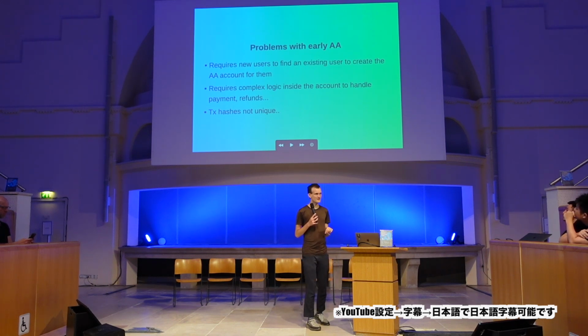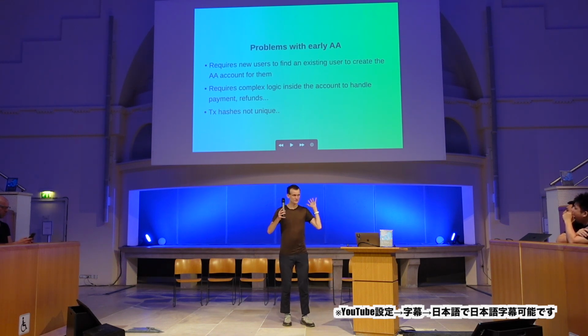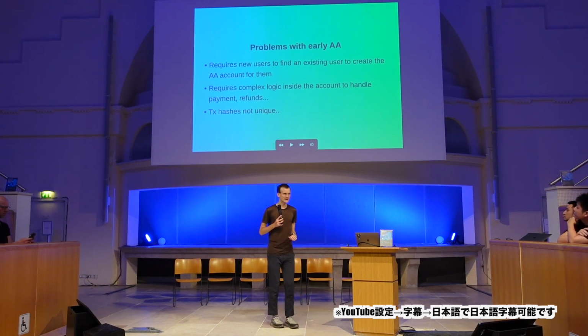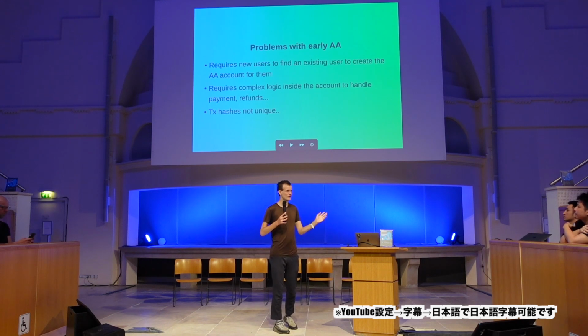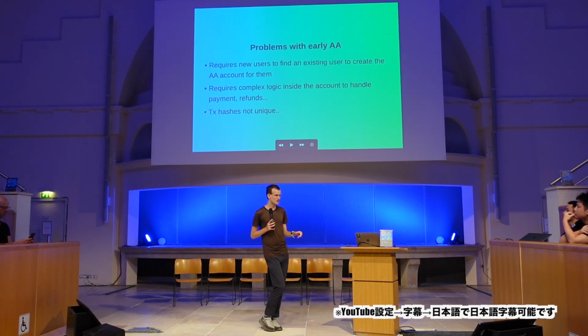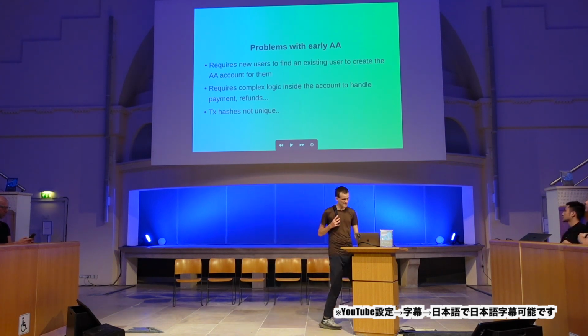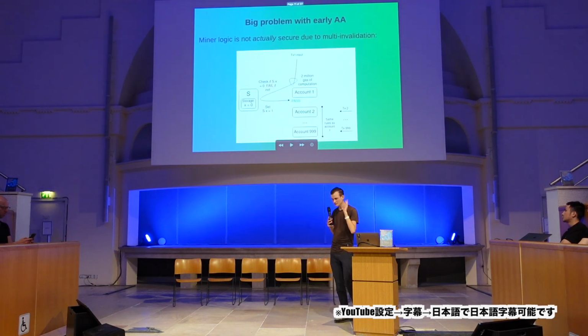And early AA basically has this problem that it lets the user specify so much that if the user wanted to, they could, for example, make an account where the nonce resets every 24 hours. And if you do that, then, well, guess what? The transactions that were sent 24 hours ago can be replayed, and you could basically have a transaction happen every day that has the exact same hash, right? So this breaks a bunch of UI features.